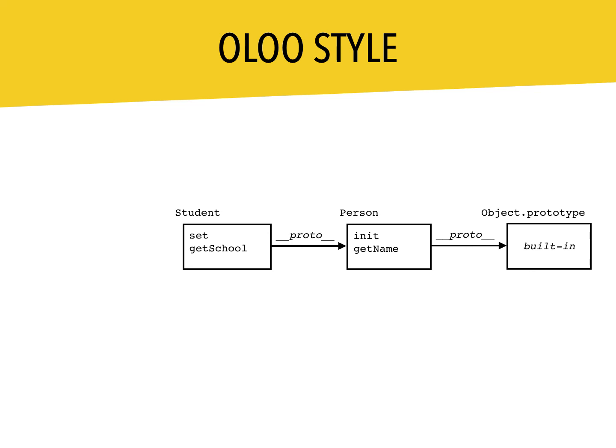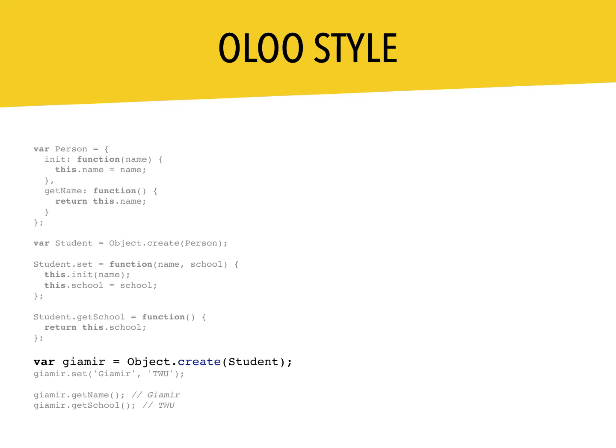And now all is set. I can create, for example, an object Jamir here, and I want this object Jamir to be able to use all the student methods. And to do so, another time we have to reuse the object.create method.